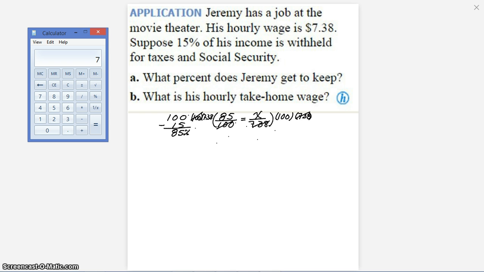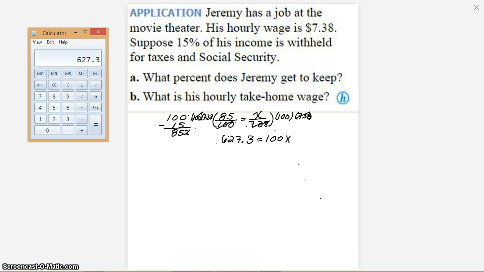So 7.38 times 85. So on the left hand side of the equal sign we're going to have 627.3, and on the right hand side of the equal sign we're going to have just 100x.